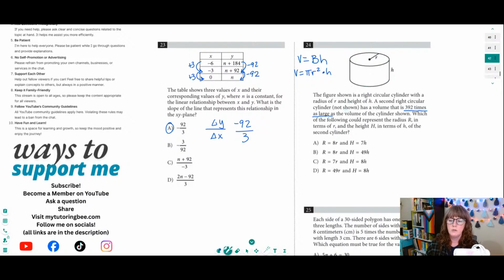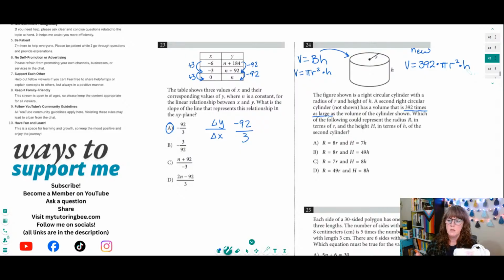Now the new cylinder, so this is this one. A second right circular cylinder, not shown, has a volume that is 392 times as large. So we're going to take this formula, and it's 392 times pi r squared times h.